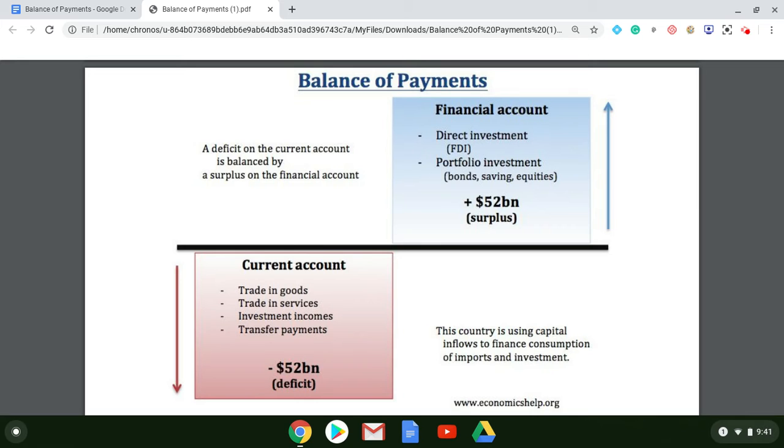So our financial account is positive, our current account is negative. Somewhere like China, their financial account is probably negative, an outflow, while the current account is probably positive because they have a lot of exports. So a lot of cash comes into that country in the form of physical goods, and that cash comes out of the country in the form of savings to invest in the rest of the world.